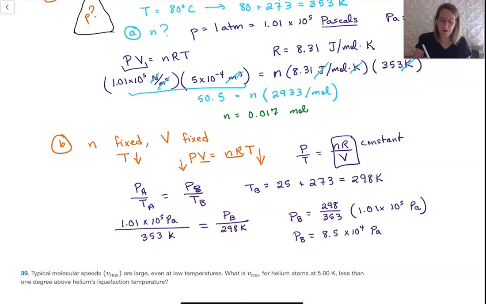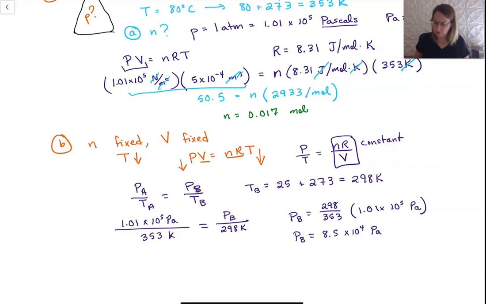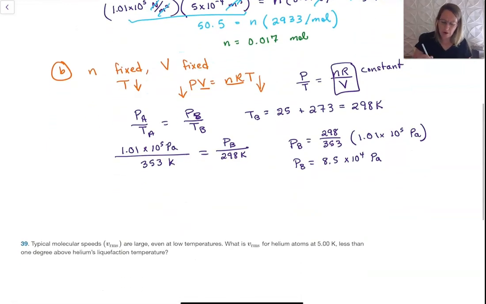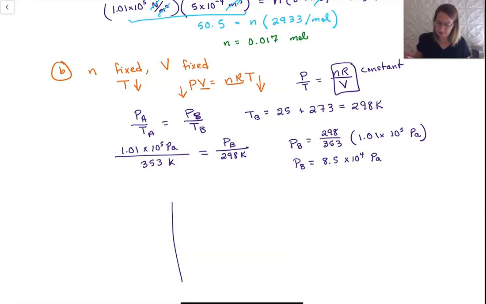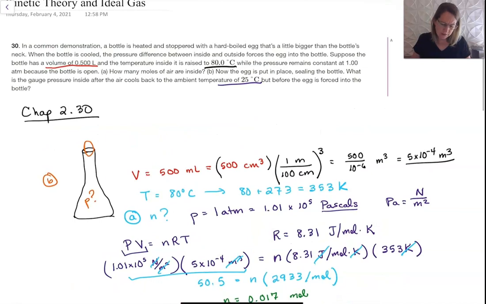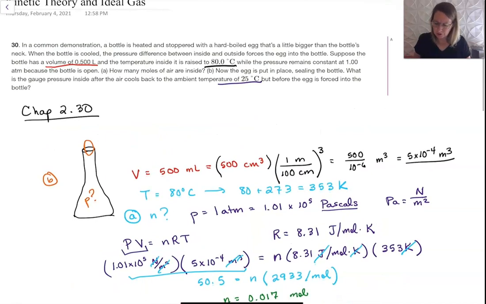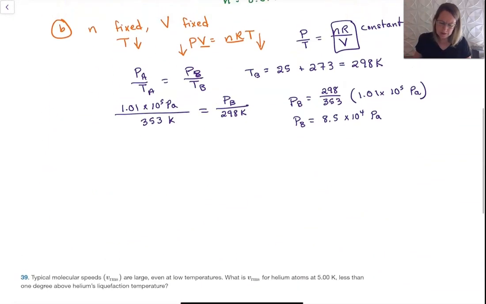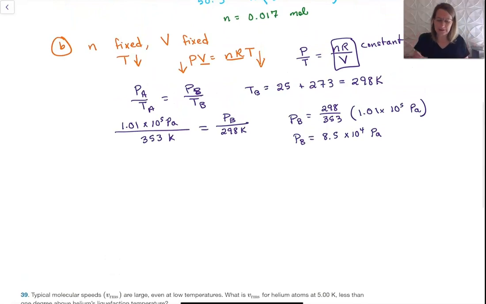Which is a fine number. We're not sure exactly what it means, so I'm actually going to do a little more than the problem asked for just to get a sense of what this actually means. First of all, it's asking for, I think, the gauge pressure. Okay, so that's the pressure. What I'm interested in, though, is how much force this egg is feeling.